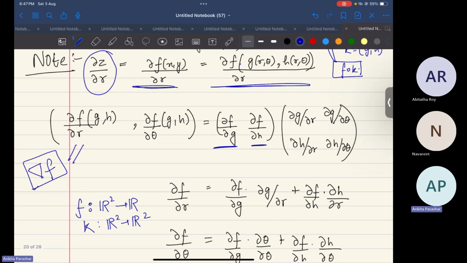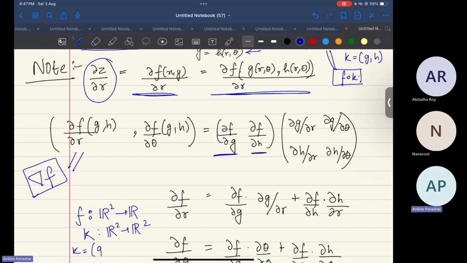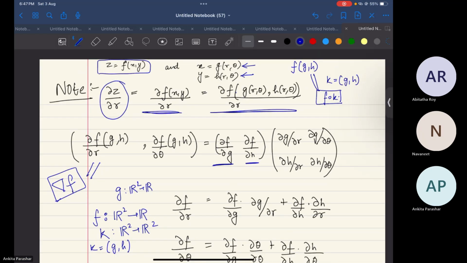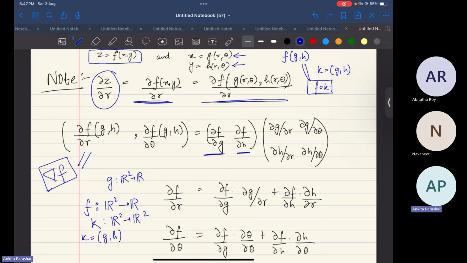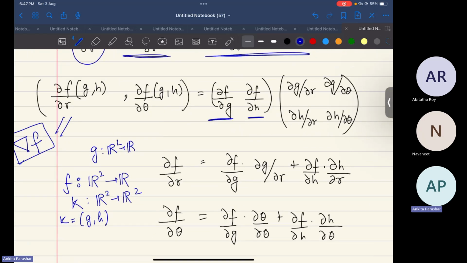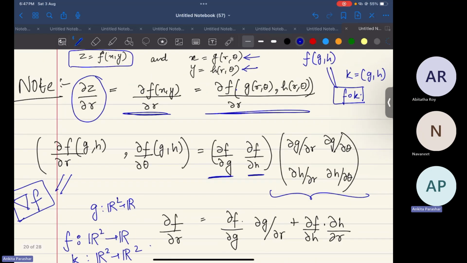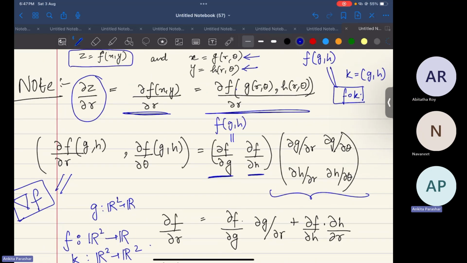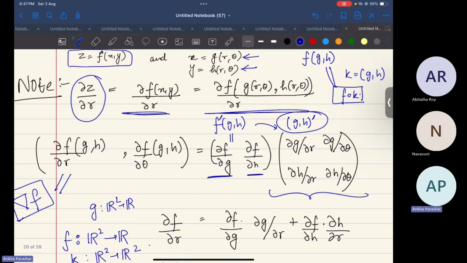And how has it been defined? It is defined as (g, h), and g is a function from R2 to R. h is also a function from R2 to R. Therefore, the derivative here will be taken as the derivative of f at (g, h), and then the derivative of (g, h), which is a 2 cross 2 matrix because both are functions from R2 to R2.